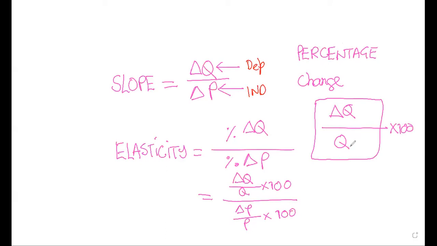Why is this percentage change? If yesterday my salary was 100 taka, today it is 110. When we calculate the percentage change, don't we measure the change in reference to the original variable before the change? So what do we do?